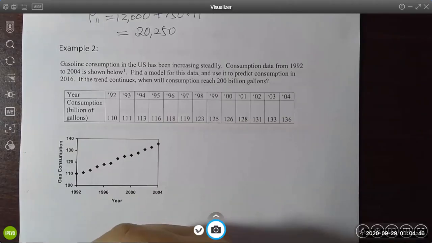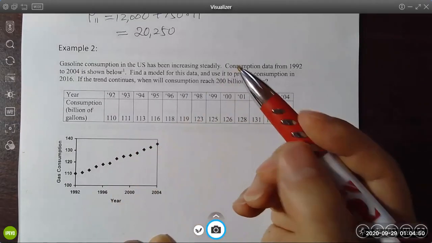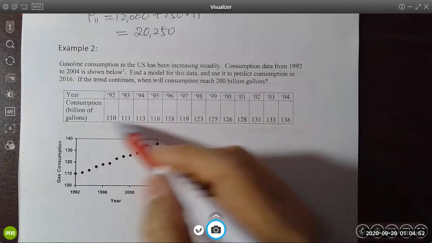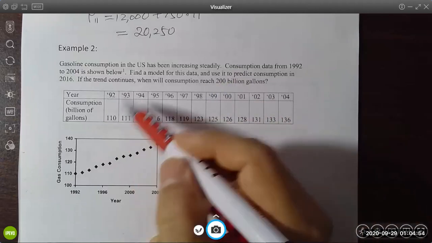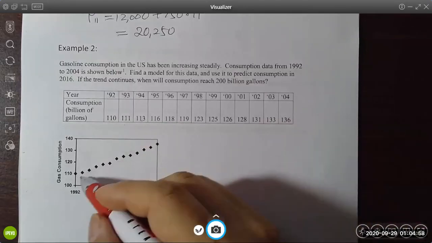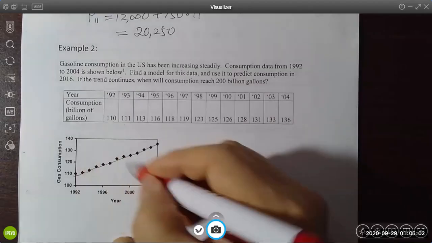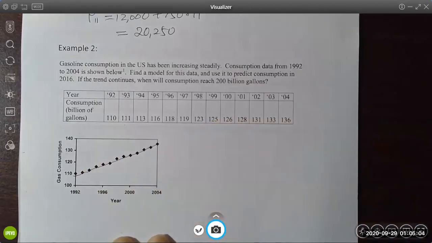Now in real life, all you need to do is get graph paper, or if you have Excel, you can use Excel, draw this table. This is like X, Y, X, Y, X, Y. Put the points together, look at this trend. It's almost a line. As long as it's close to a straight line, not like a wave, that's a linear model.